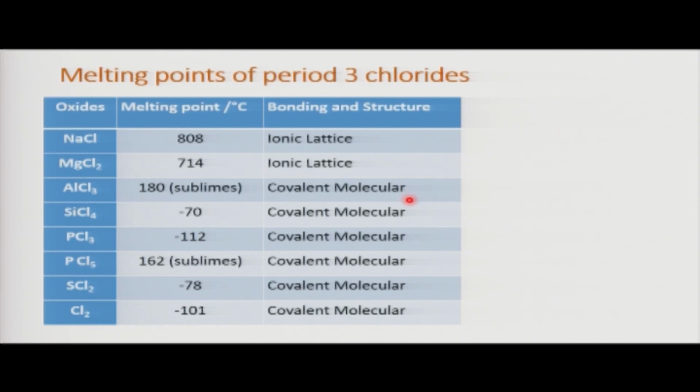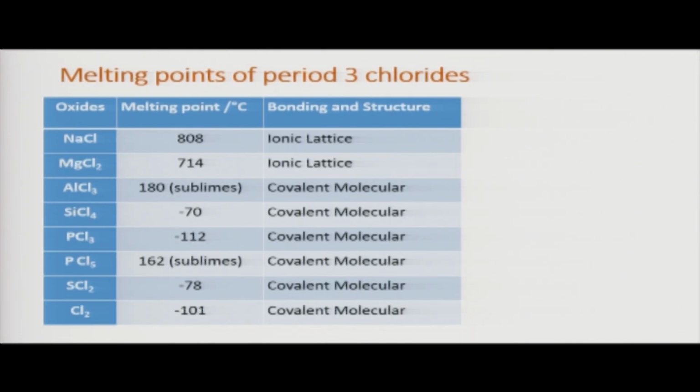Similarity in the bonding and structure, you see that from aluminum chloride to chlorine, we have covalent molecular structure. Sodium chloride and magnesium chloride are ionic.